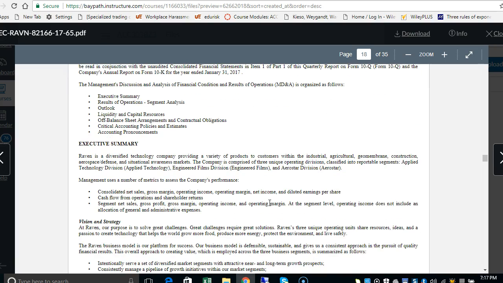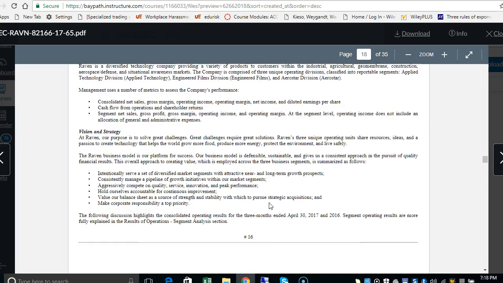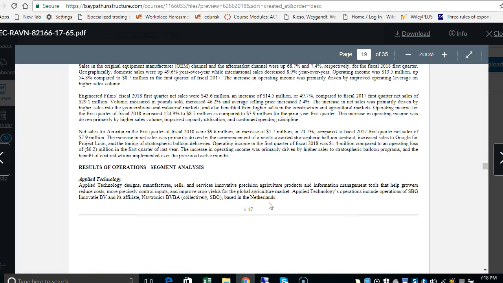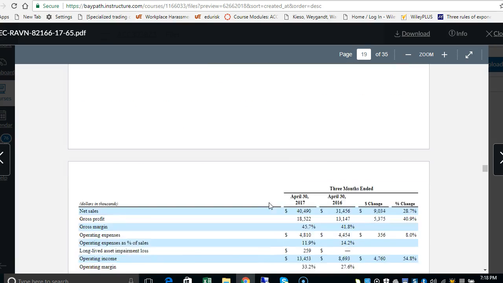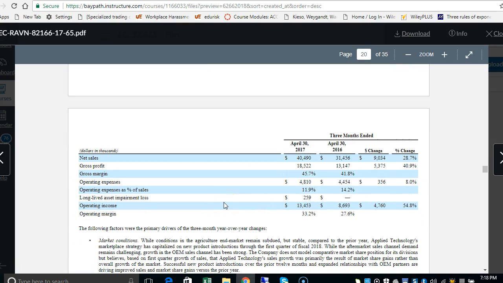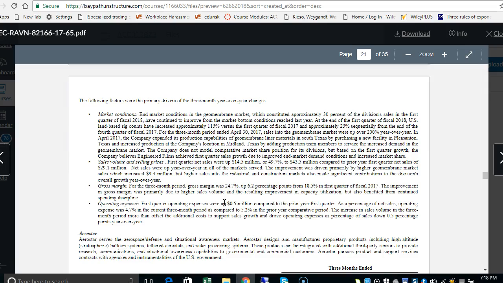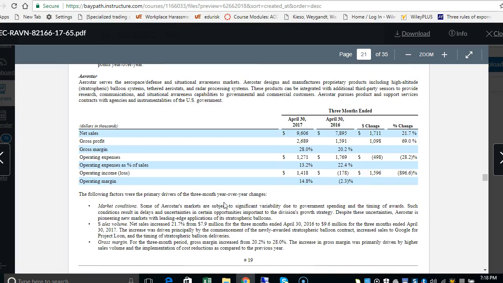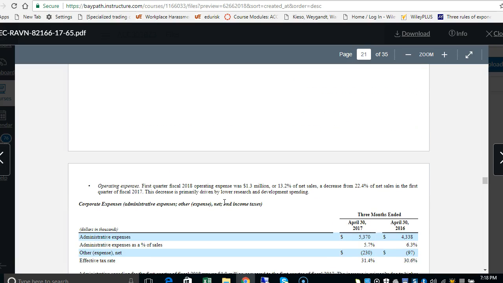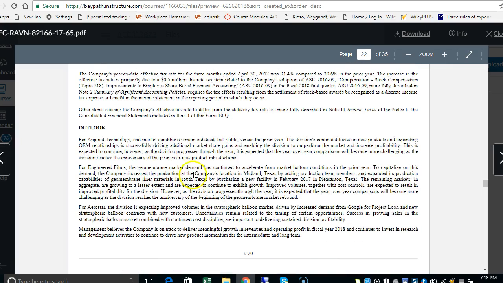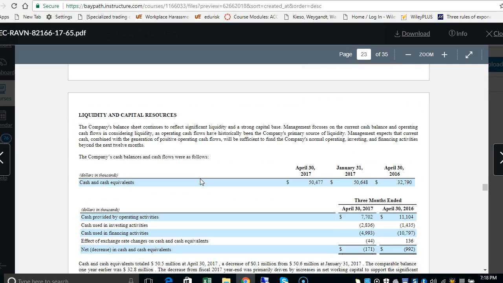So essentially, they start with talking about their company, the results by their three business segments, their outlook, and then they talk about liquidity and capital resources.